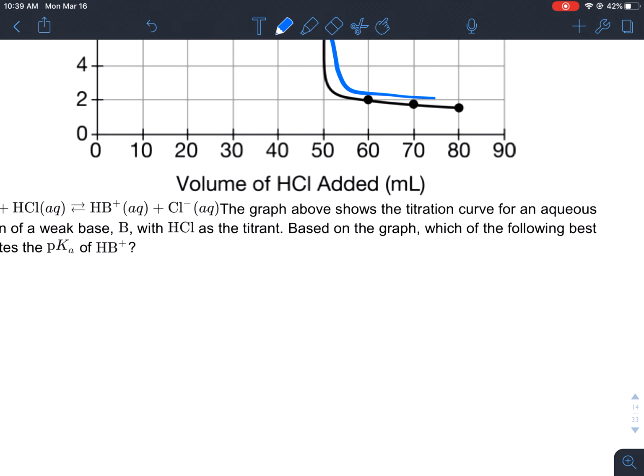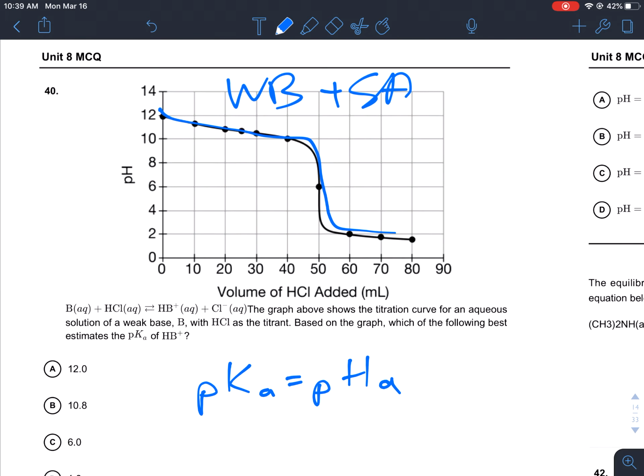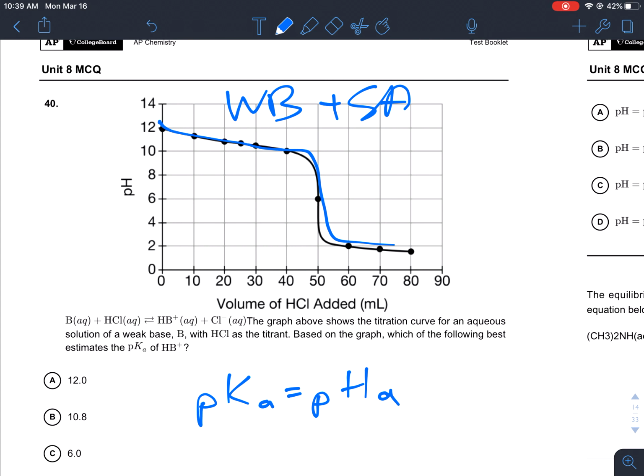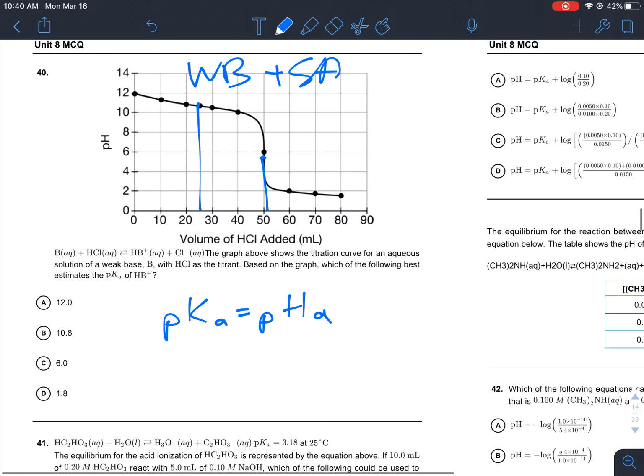Remember, the pKa is equal to the pH at the halfway equivalence point. Where's the halfway equivalence point? Okay, so again, if the equivalence point is at 50, the halfway equivalence point is at 25. That means the number is somewhere around, I don't know, 11. I'm just kind of eyeballing it. The answer is B.